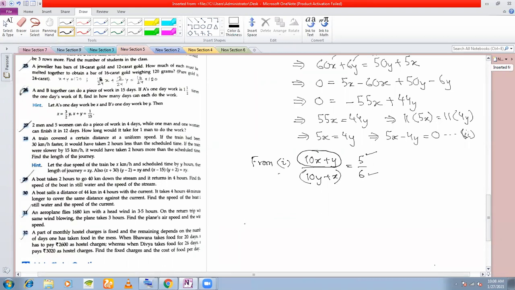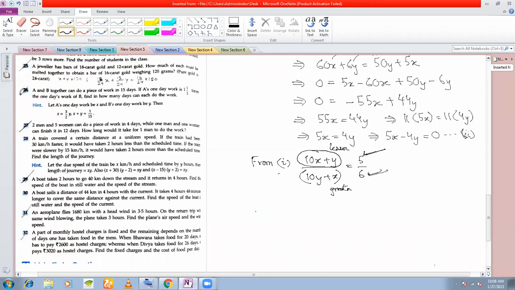Do you agree or not? If this equation is correct, it is equal to 5 by 6. 5 is the lesser number, 6 is the greater number, and both the fractions are equal. That means this must be the lesser number, and this must be the greater number. You agree with this?